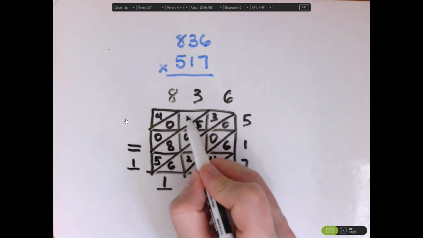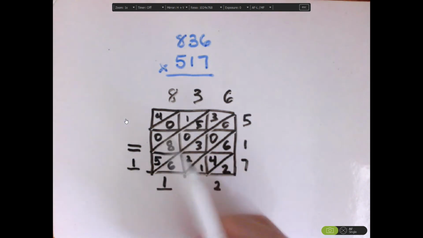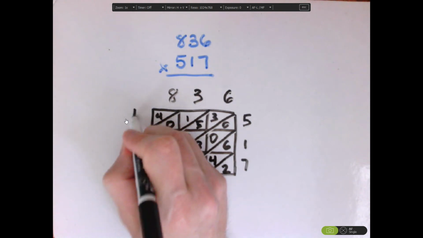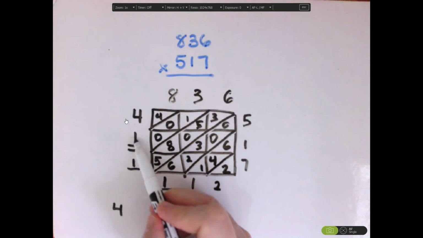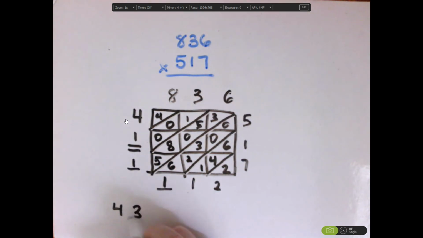This would be 1 plus 0 plus 0, which is 1, and then 4. Since I carried, these are all my carries. So my final answer, just go around, which would be 4. 1 plus 1 plus another 1 is 3. So that's 3, 2, 2, 1, 1, 2.